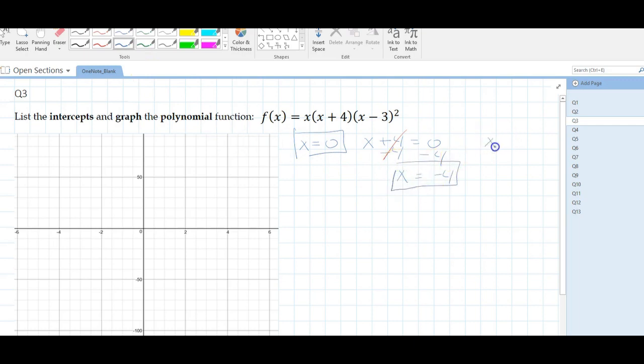and we have x minus 3 equals 0. We add 3 to both sides of the equal sign. They cancel. Now we have x equals 3. So the x-intercepts, in order, should be negative 4, 0, 3.